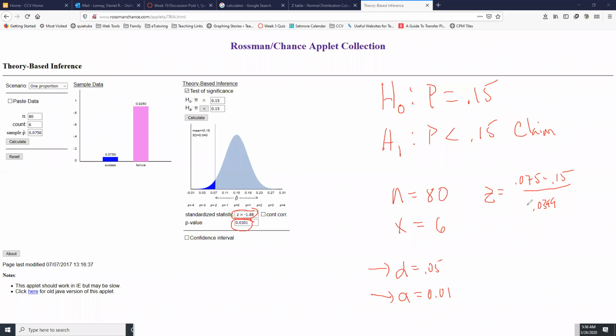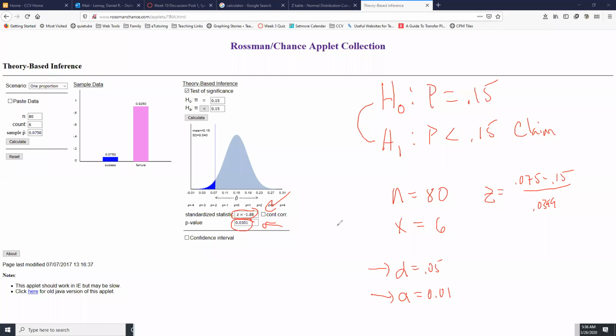You'd get a z-score of negative 1.88, and then you'd have to look in the normal curve table to get a p-value, or do the critical value method. Look up that critical value, and that's on the table too. But Dr. Stevens does that. I'm not going to do that here because this is all I really need you to do: condition check, claim, write the hypotheses, get the test statistic, get the p-value.